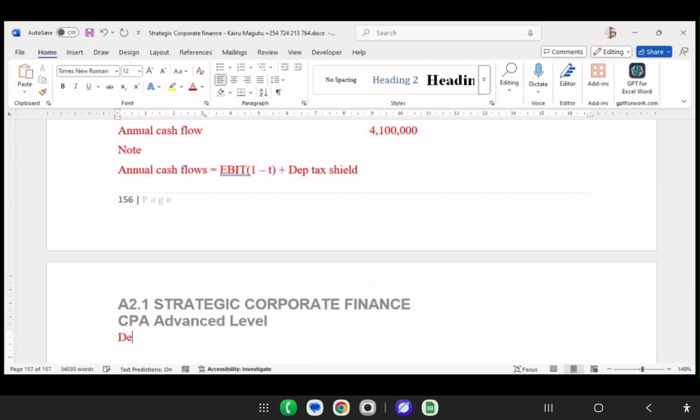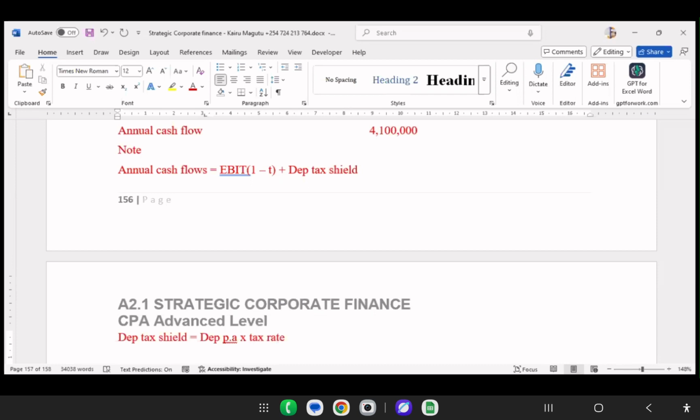And we say that the depreciation tax shield is equal to depreciation per annum multiplied by the tax rate.